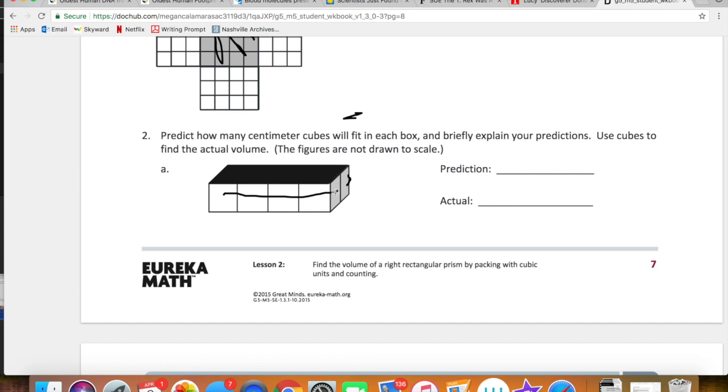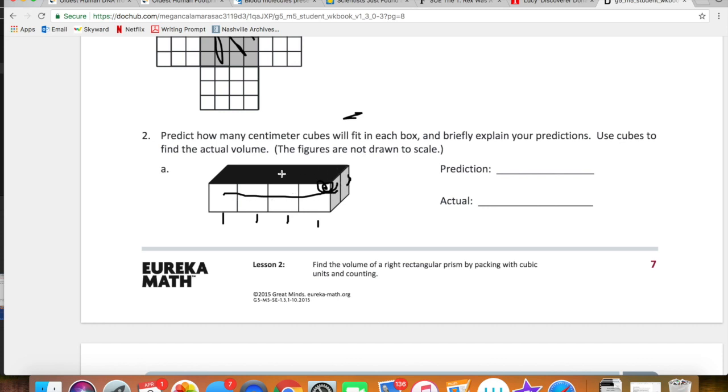So if we split this down the center, if we look at this cube, that's 1, and then we have another cube here, and another cube here, and another cube here. You guys can see, because the top is completely shaded in, that the exact same thing is happening behind this front row, or behind this front wall.